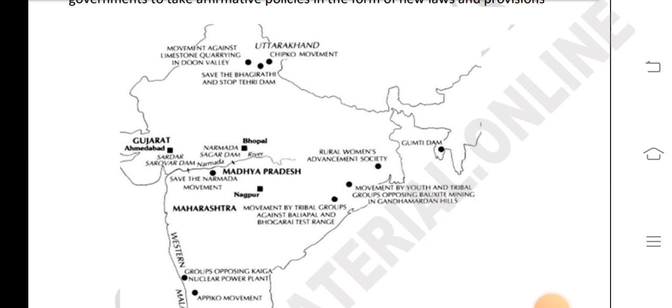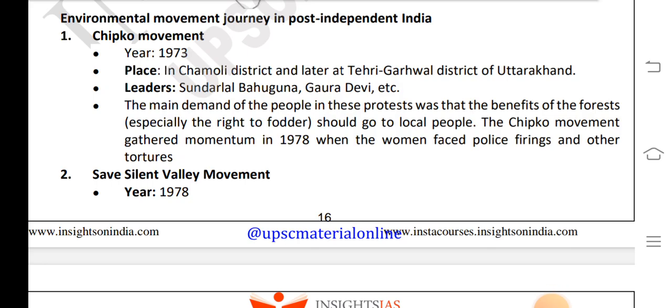Save the Bhagirathi and Stop Tehri Dam. Movement against limestone quarries in the Doon Valley, Uttarakhand. Chipko Movement. Gumti Dam movement by the youth and tribal groups. Opposition to bauxite mining in the Gandhamardhan Hills.